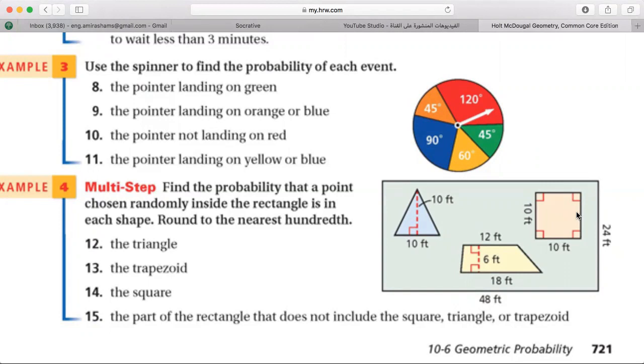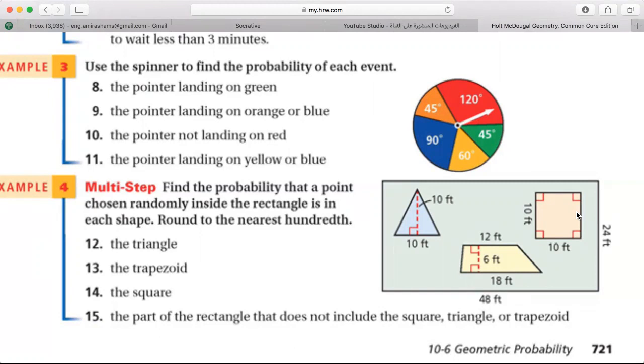Before I do anything, I have to calculate the area of the rectangle, the big one, because any point will be inside the triangle or inside the trapezoid or inside the square. I will find the area of each shape, then I will divide it by the rectangle.